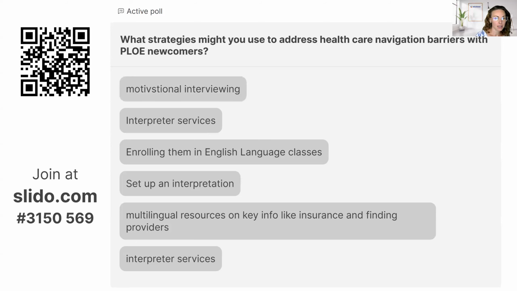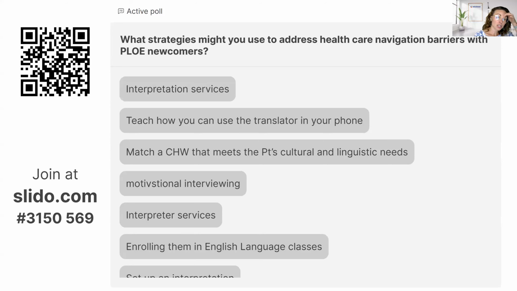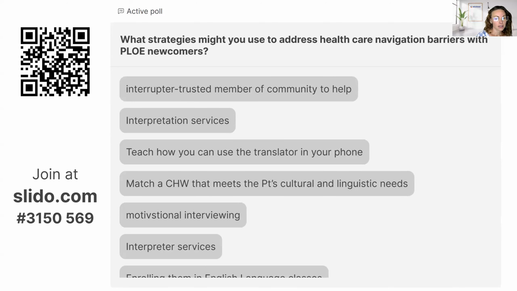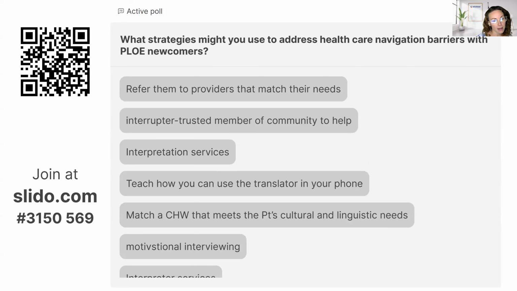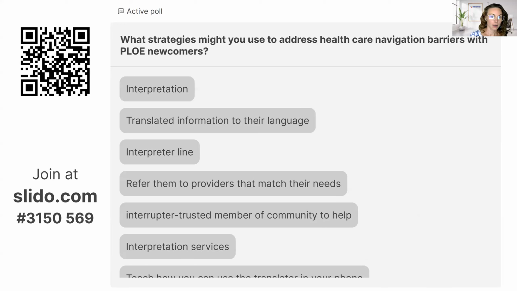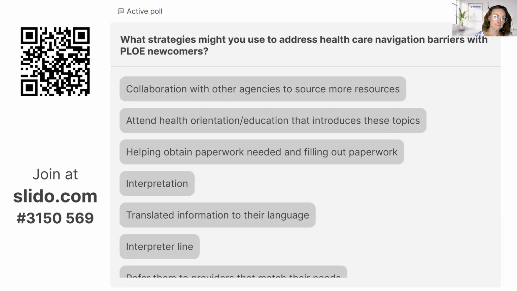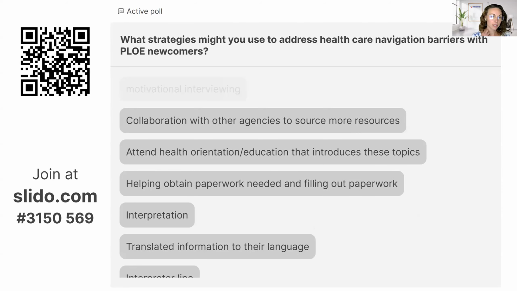Multilingual resources on key information like finding insurance and providers, matching a community health worker that meets the patient's cultural and linguistic needs, teaching providers how they can utilize an interpreter over the phone, referring a client to providers that match their needs. Absolutely. So you all have provided a lot of strategies here that could definitely help with addressing healthcare navigation barriers.